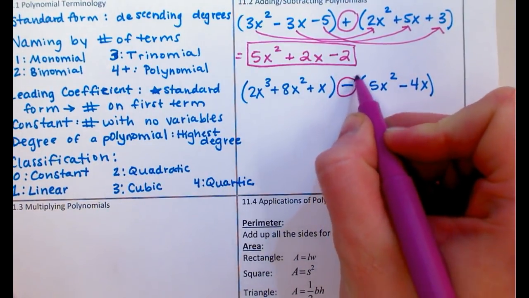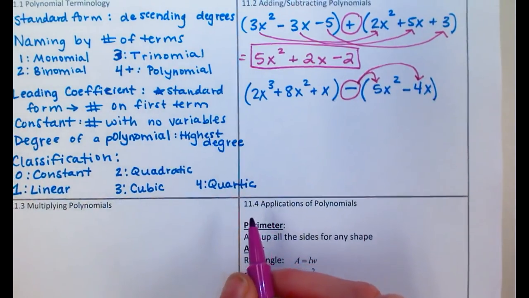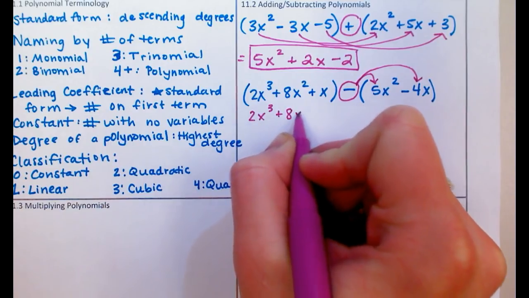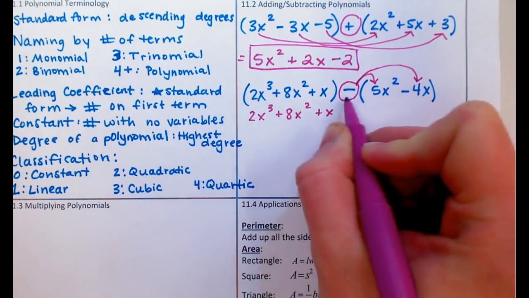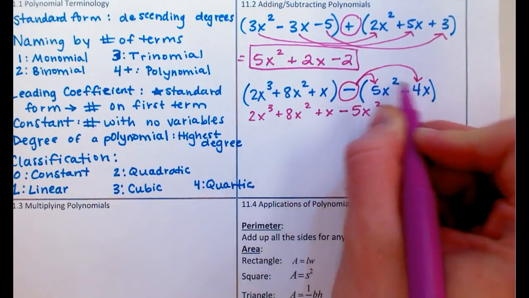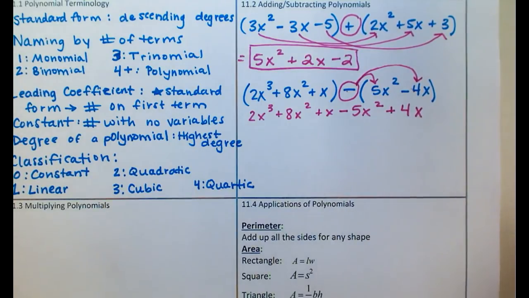So my negative distributes to both of these terms, and I'm going to rewrite my two polynomials. I have 2x cubed plus 8x squared plus x, changing the sign to a negative 5x squared and changing this sign to a positive 4x.